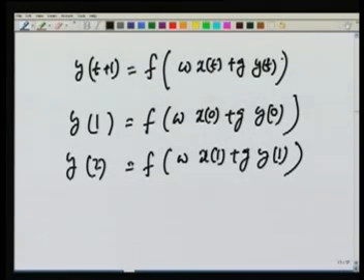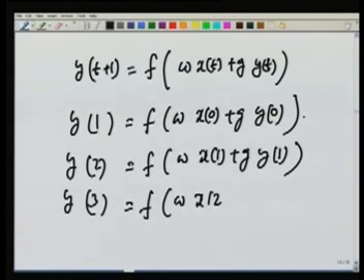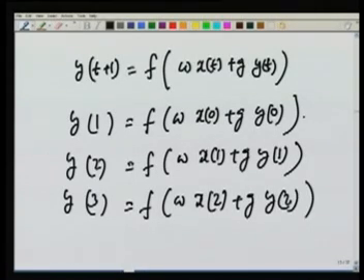Just look at this equation. I simply put t equal to 0, then I get the first equation. T equal to 1, I get the second equation. T equal to 2, then I will get the third equation, and so on. So, we can go on like this.